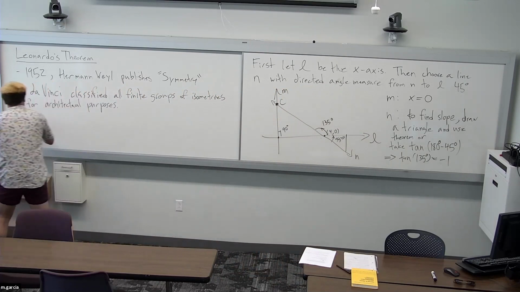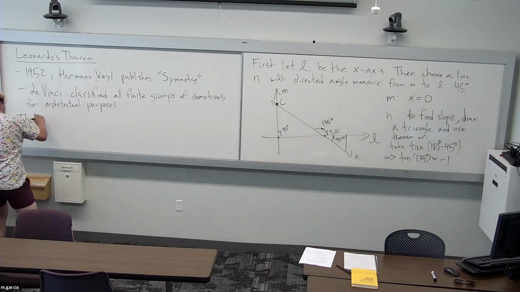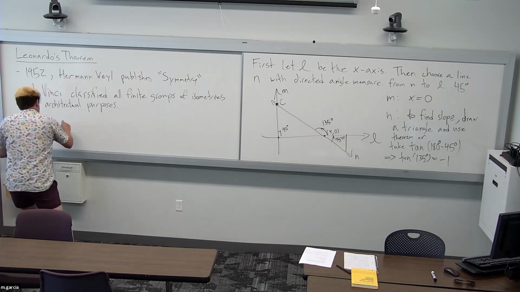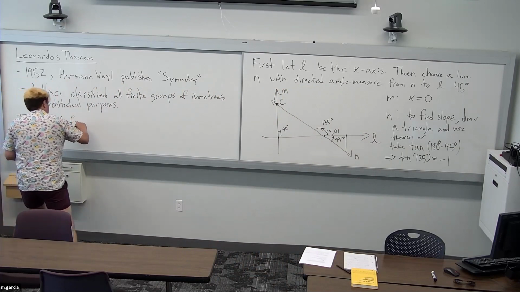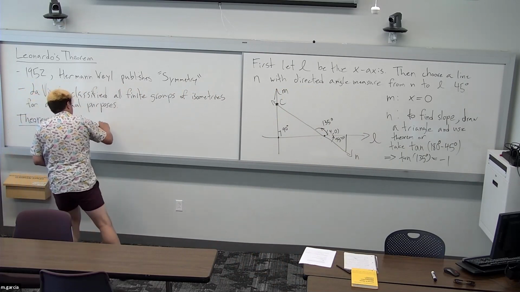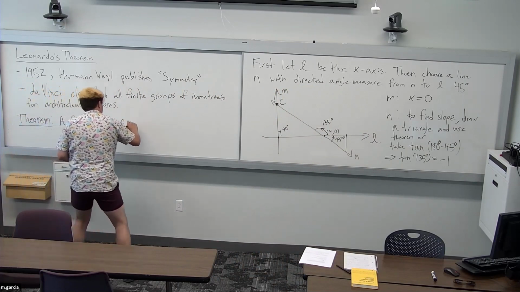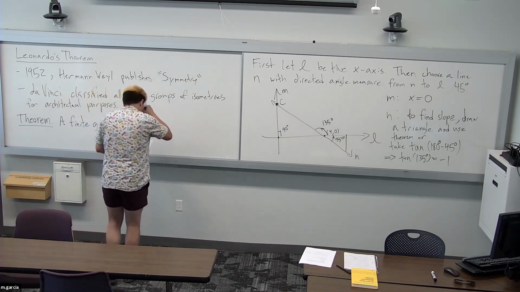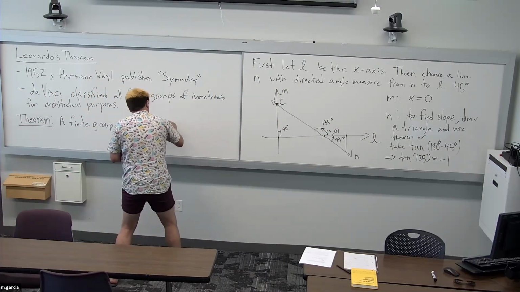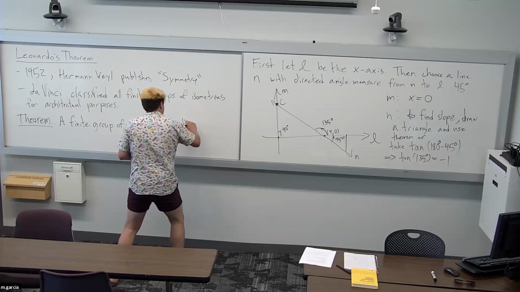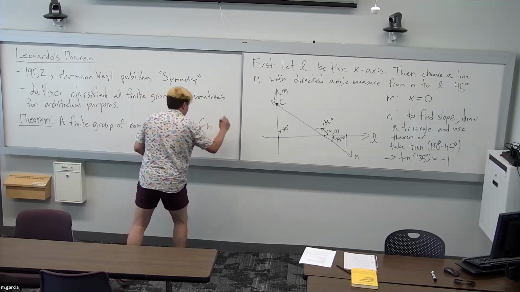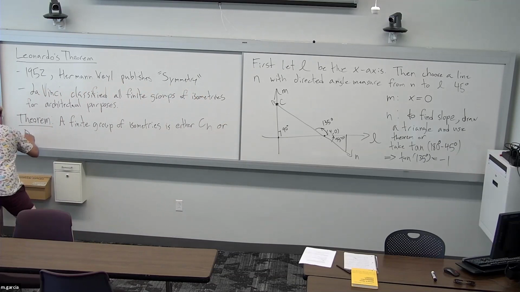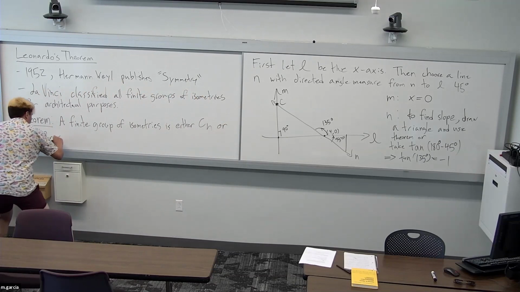Okay, so here's the theorem. And I've already told you what it says a couple times. A finite group of isometries is either cyclic or dihedral for some n.